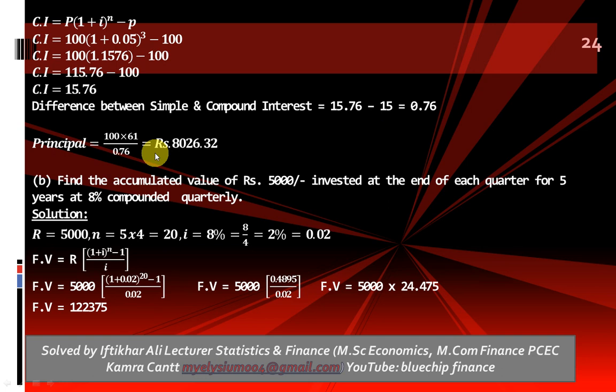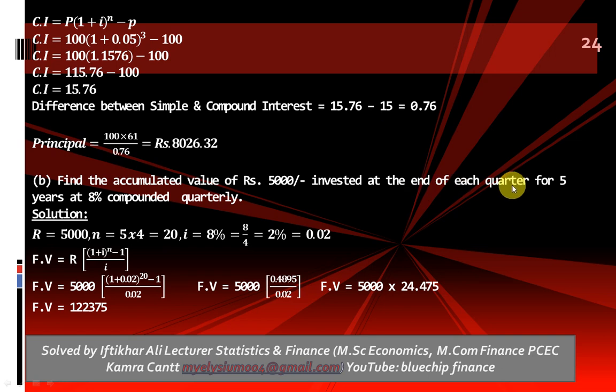Part B is to find the accumulated value of rupees 5000 invested at the end of each quarter. So it is a case of annuity, because multiple payments are involved, and we will apply the ordinary annuity formula, because each payment is invested at the end of each quarter.